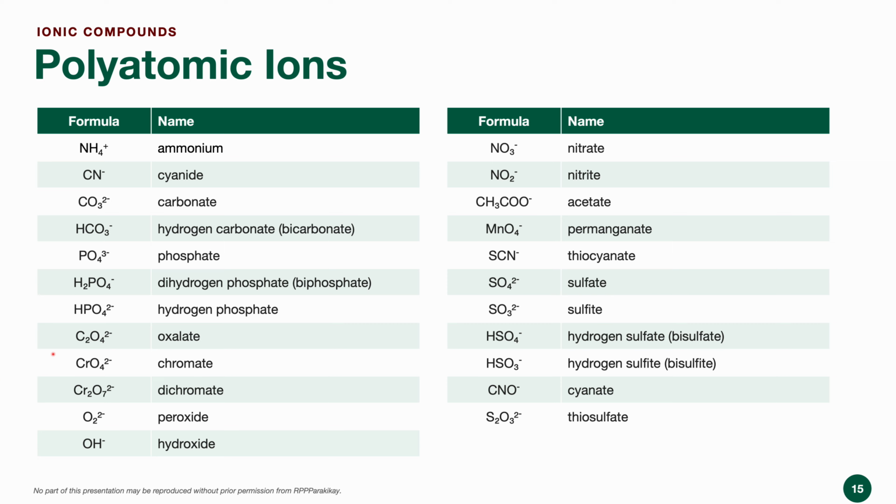So for example, we have chromate, CrO4 2-, but if we have dichromate, we have Cr2O7 2-. Second, watch the closely related pairs that are easy to confuse. For example, we have cyanide, that's CN-, but we also have cyanate. So cyanate, on the other hand, is CNO-. Okay?